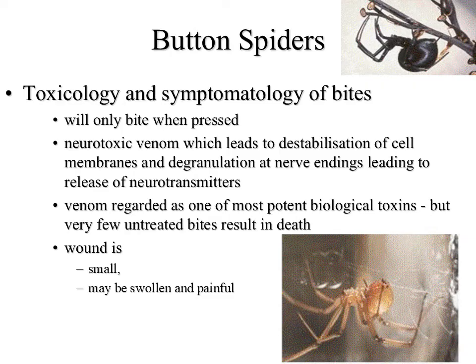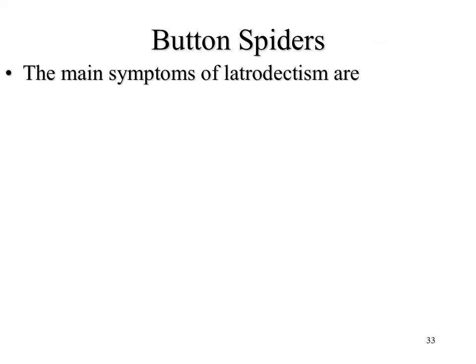So the venom is considered one of the most potent biological toxins, but this would be largely for the Latrodectus species. But the black widow spiders generally have venom which is pretty potent, and the wound is small, maybe swollen, and at the bite site there's normally pain.